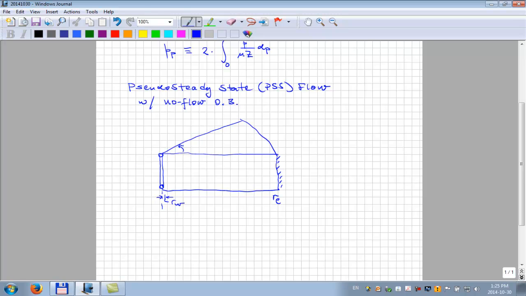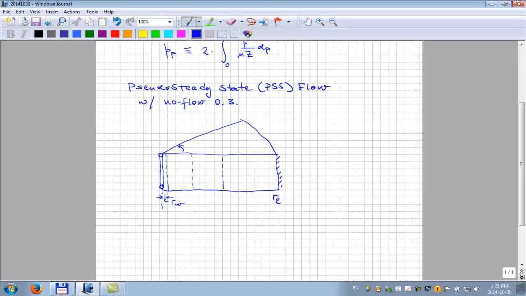And what the steady state means is that if you look anywhere inside the reservoir, at any distance, at any radius, here or here, or near the wellbore, doesn't really matter, basically you have the same mass flux.